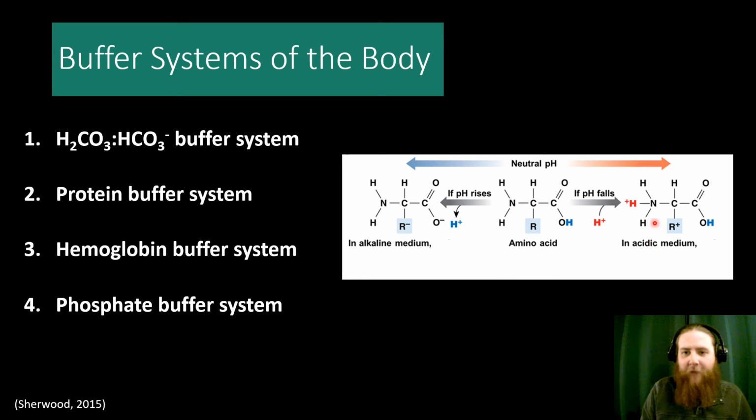On the other side, if we get acidic, this H plus here is going to add on to this amine group on the end. As this happens, it takes another hydrogen out of the bodily fluids and creates a move towards being more neutral, more closely regulated to that 7.35 to 7.45.